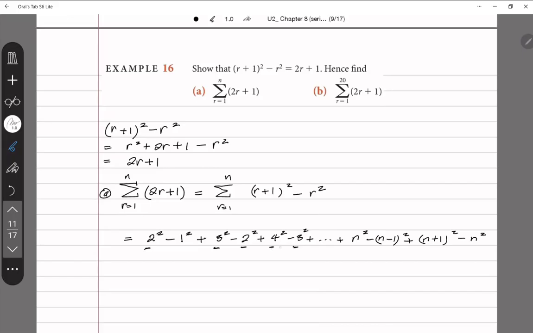So the 4 squared term is going to disappear. We're seeing that all the terms will disappear. We have n squared here and this is gone.